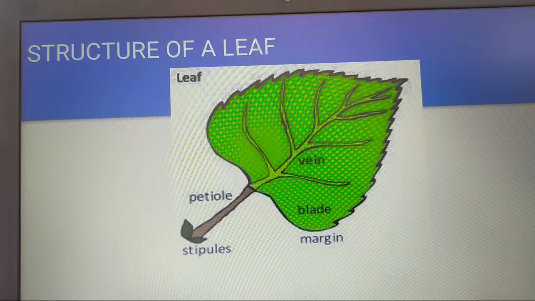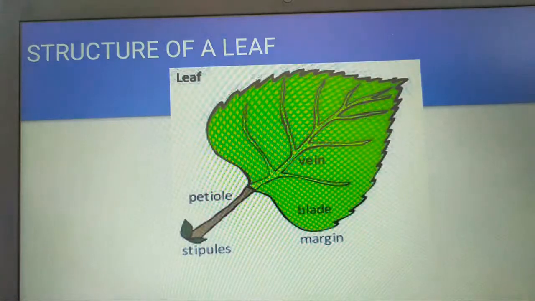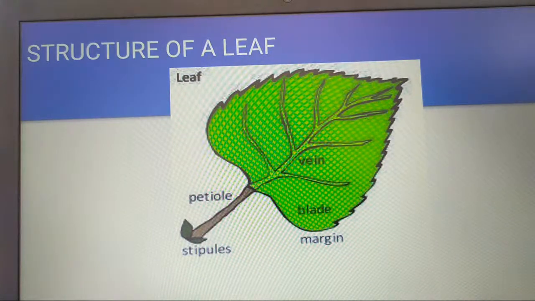Then, the next part of the leaf is the stomata. A number of tiny openings are present on the surface of a leaf. These tiny openings are called stomata. What is the work of stomata? It helps a leaf to exchange gases.